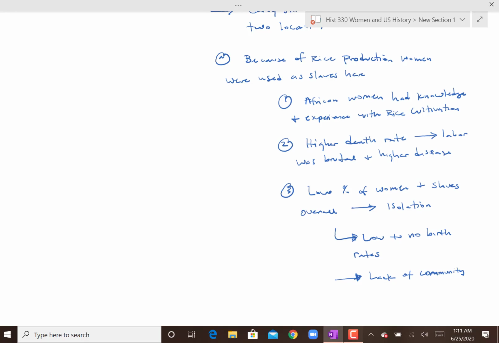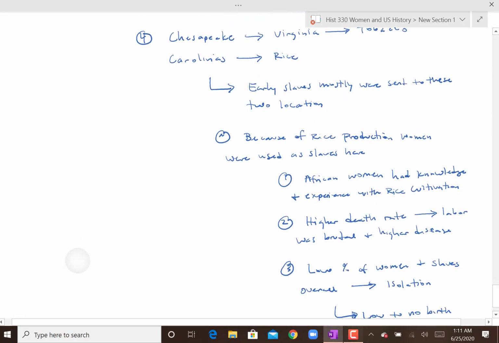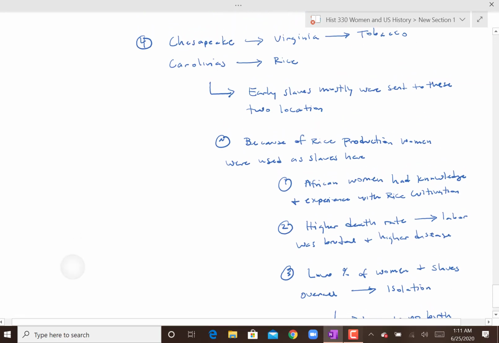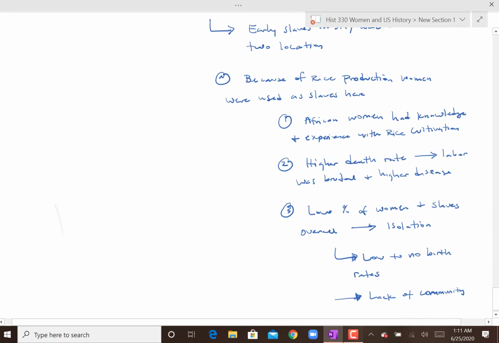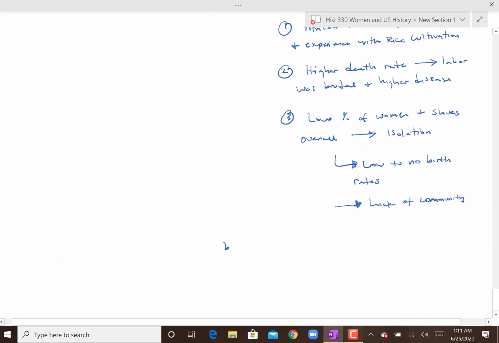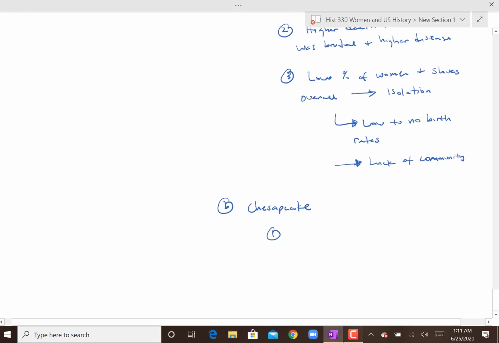So that's the early area with the Carolinas. But as more and more slaves were brought over in the transition, it was common in the Chesapeake. So we'll put the Chesapeake here, and in Virginia as that main area, that both women and men that were slaves worked in the fields.